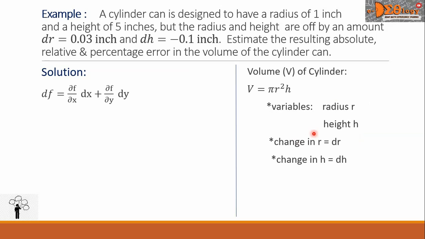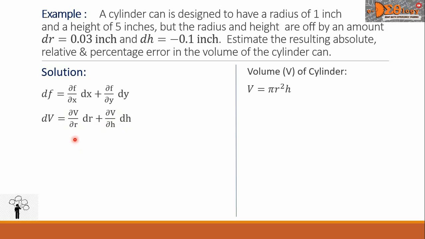The change in r is dr, and the change in h is dh. So let us modify our formula for the total differential. It will be dV equals the partial derivative of V with respect to r times dr plus the partial derivative of V with respect to h times dh.